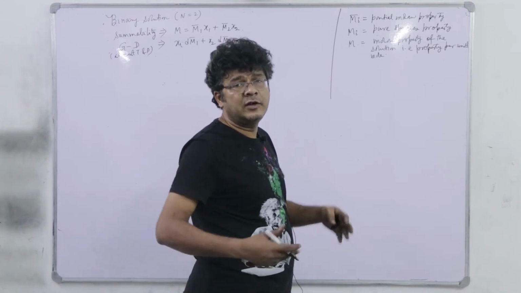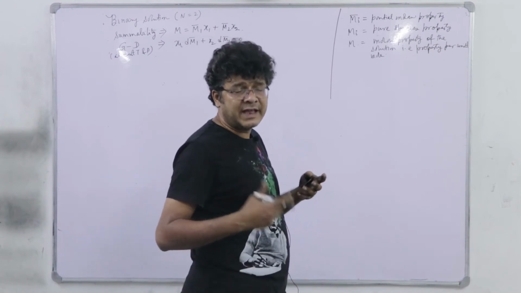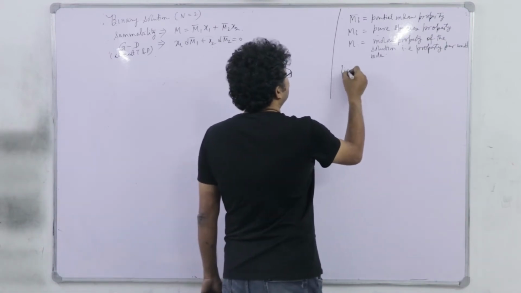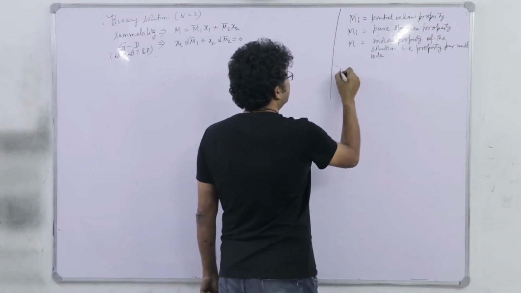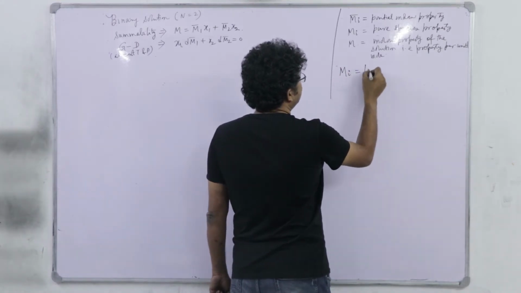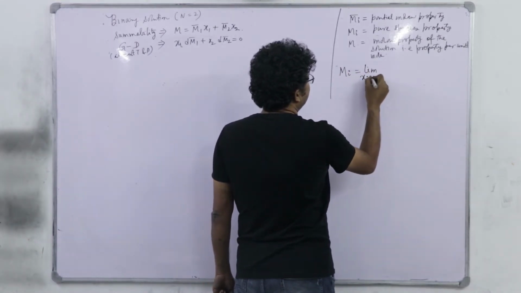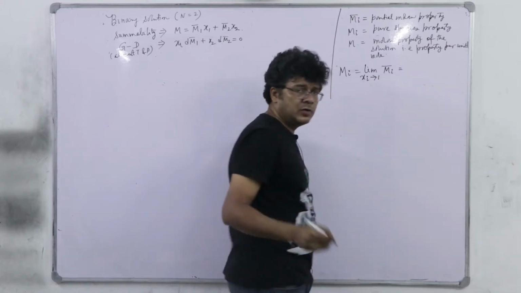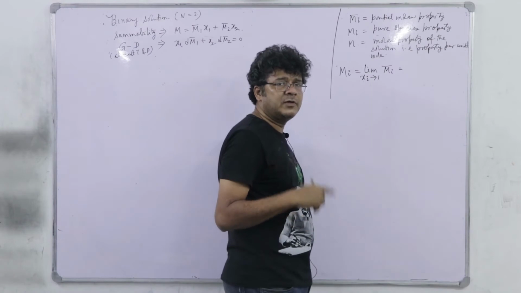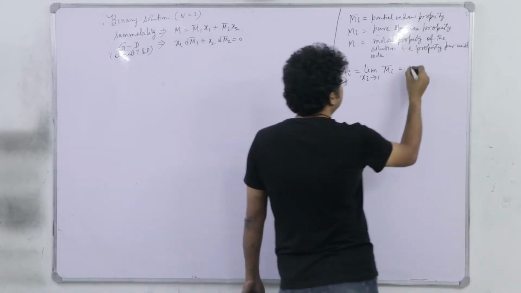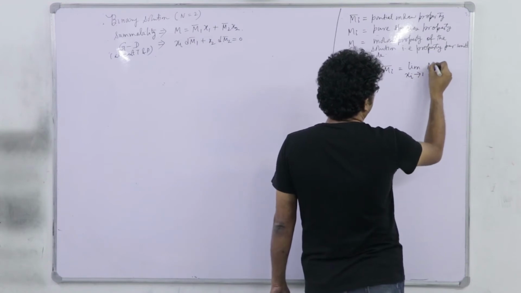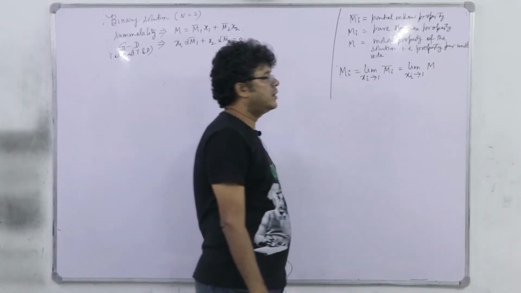mi, because the solution becomes tending towards a pure species i, right. So, we can write mi is limit xi tending to 1 of mi bar, and also the molar solution property will also tend to pure species property, that is the same as limit xi tending to 1 of M itself, right.